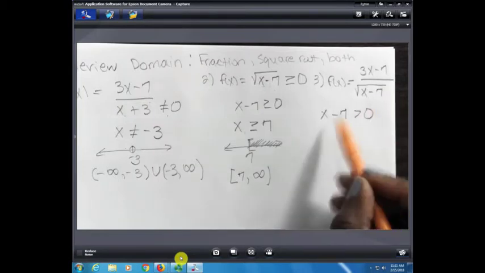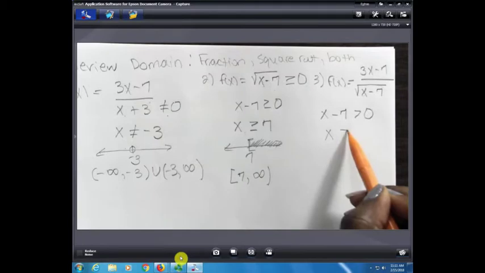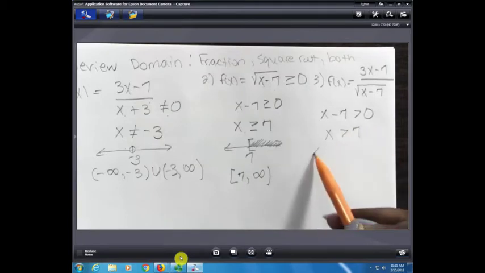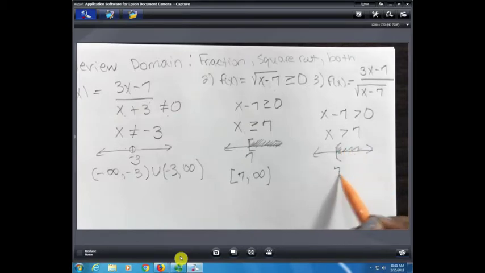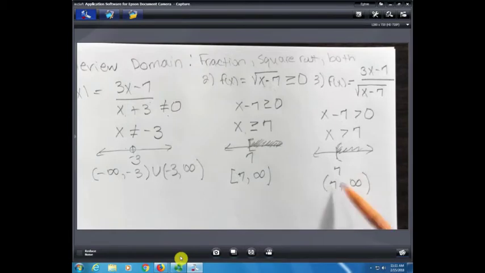So the only thing that changes here is that my x needs to be greater than 7, but now I have a parentheses on the 7 as opposed to a bracket. It's the only thing that changed there. Just because we can't equal 7 here, because it'll give me a 0 at the bottom.